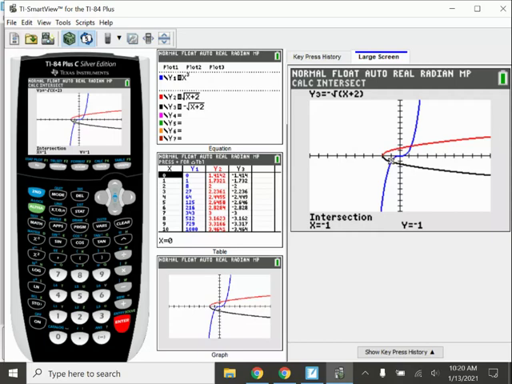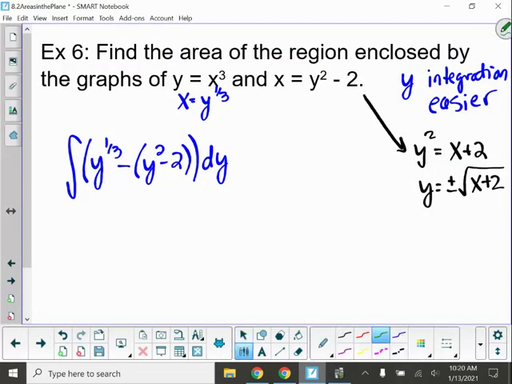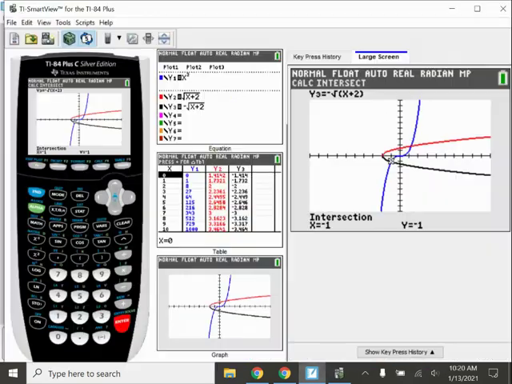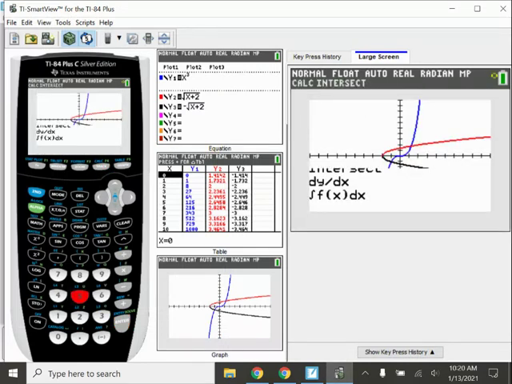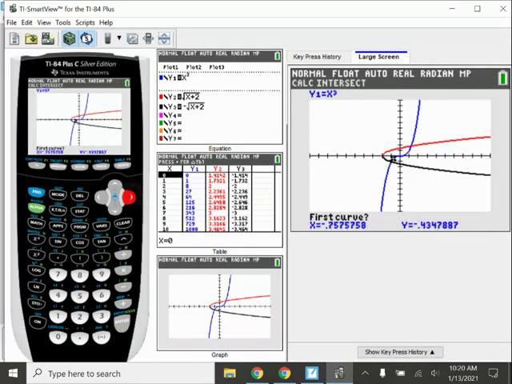So -1 is going to be my bottom bound. My top bound then, I need to get up here. You do want to make sure you have the correct curve. So the blue curve is good. And then the red curve is where it intersects on the top. And this one is going to be a decimal, 1.2148623.